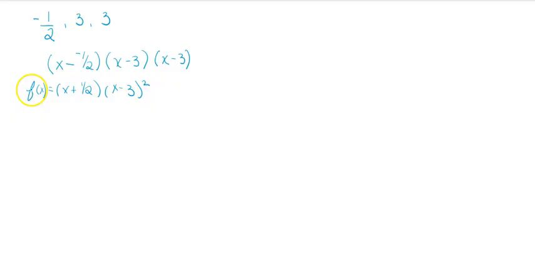Now I don't really want to deal with a fraction here, so I can rewrite this. If I multiply this factor by 2, I can get rid of my fraction, can't I? In other words, this is just scratch work: 2 times x plus 1/2. 2 times x is 2x. The 1/2 cancels out, and I'm left with 2x plus 1.